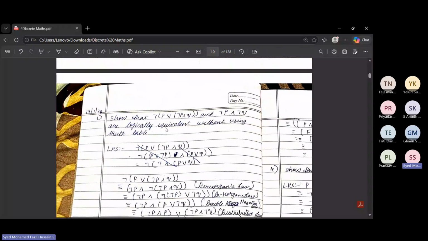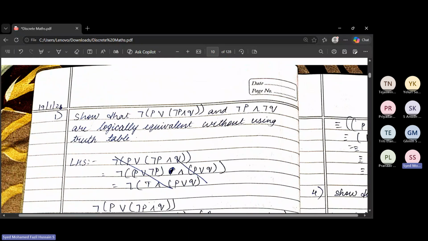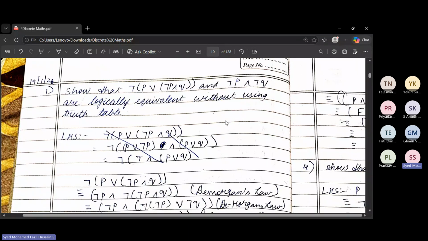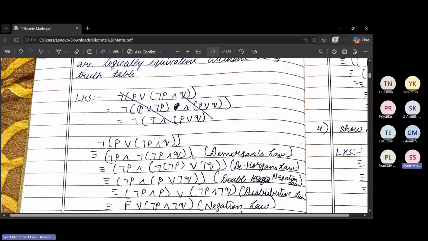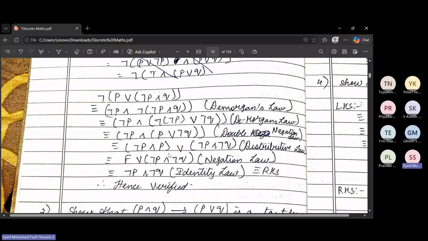So here we have to show that both these statements are equivalent. We have to transform one of the statements to the other to prove that both of these statements are equal. We can prove it with the truth table, but here they have asked not to use it. So we have to transform it. First we are taking this big statement, the first statement, and we are applying De Morgan's law here.